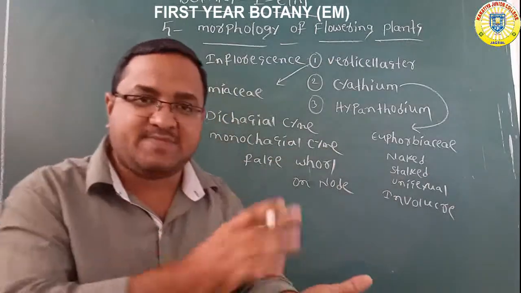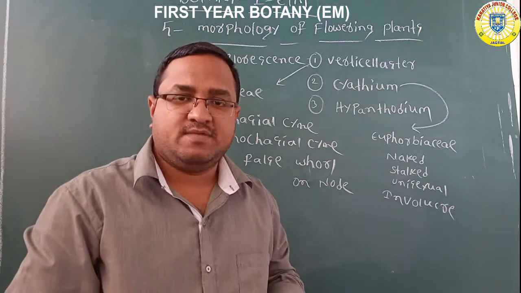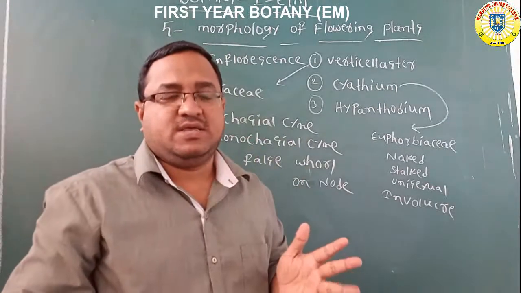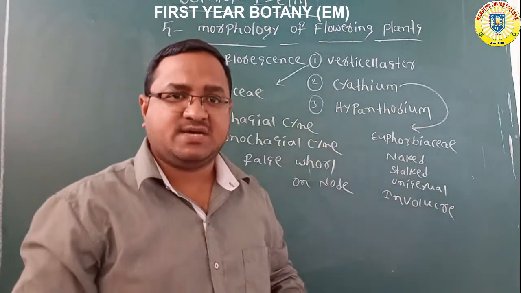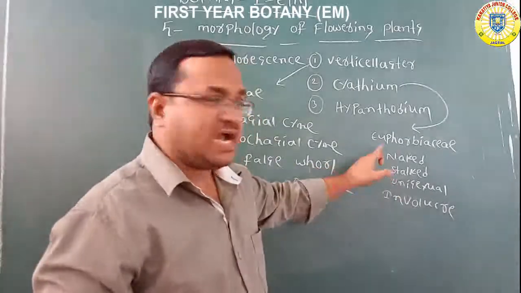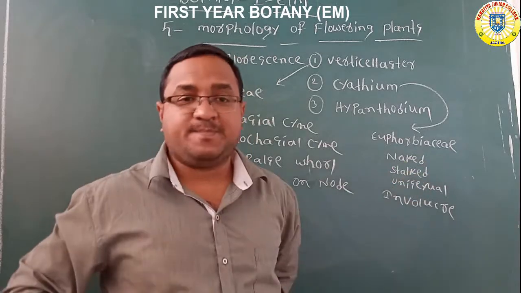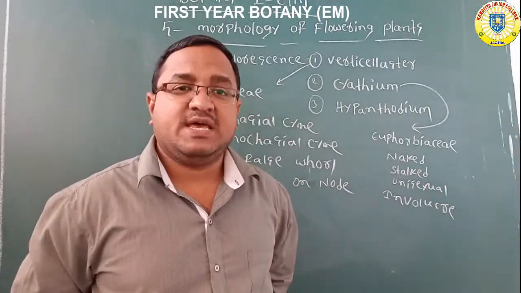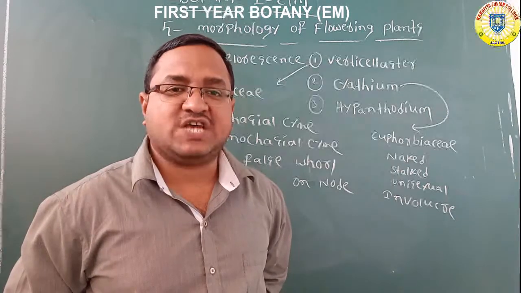Here the bract is modified into an involucre, meaning a layer which forms a cup-like structure. Inside this cup-like involucre of the bract, many naked, stalked, unisexual flowers are arranged.